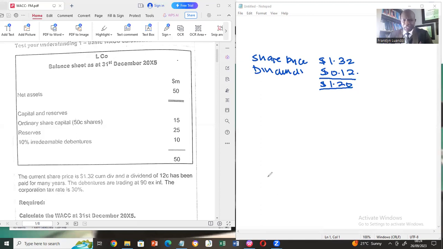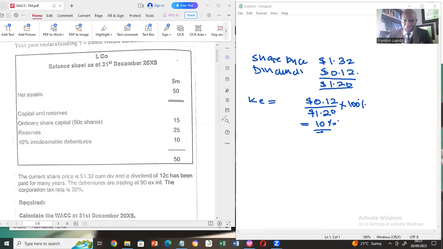So now we can calculate the cost of equity. Cost of equity will be dividend paid, 0.12 divided by the share price excluding dividends multiplied by 100%. So here we have the 10.